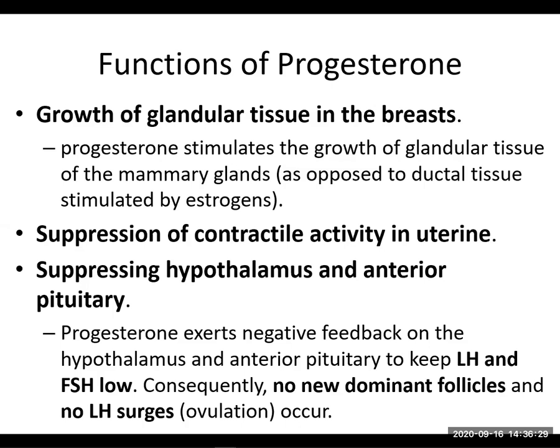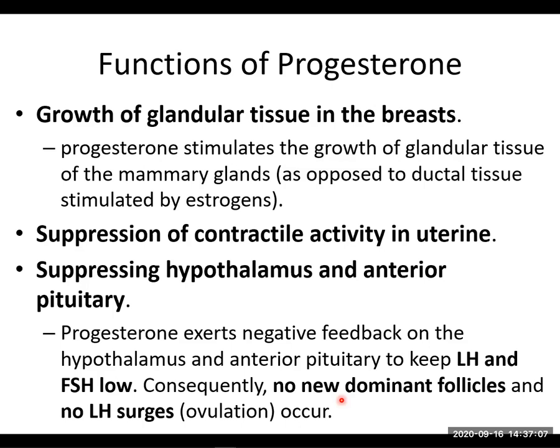This progesterone also acts on the hypothalamus and the pituitary gland to suppress the gonadotropins, to suppress the LH and FSH. This is important because we don't want follicular development at this time. FSH and LH are the ones that act on the ovaries to make these follicles develop. But we don't want that because we already have the fertilized egg.